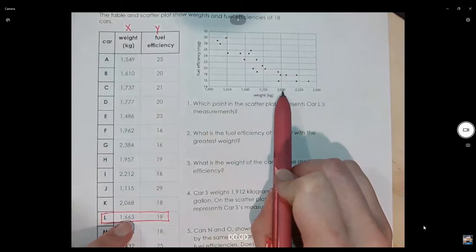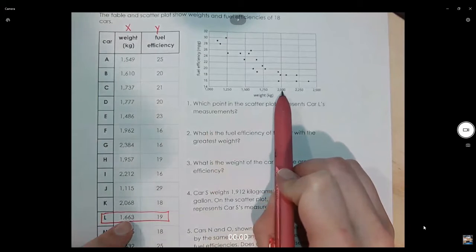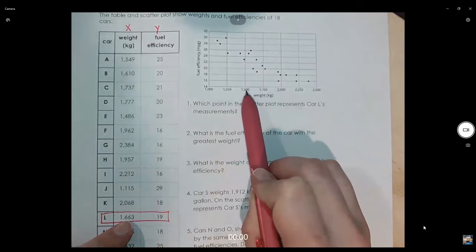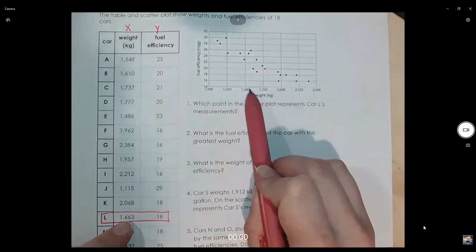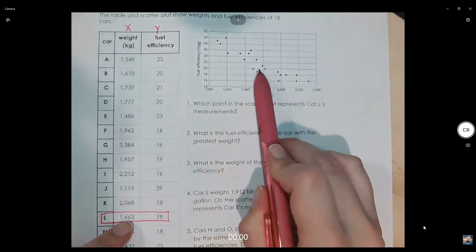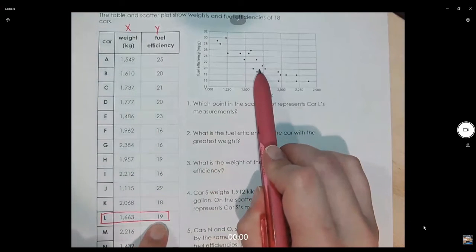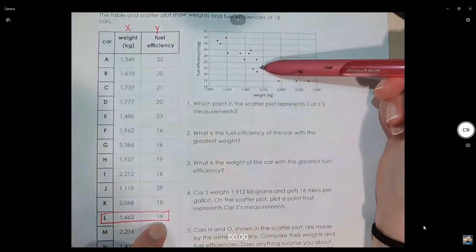1,663, well, that number is going to fall somewhere in here, between 1,500 and 1,750. So we know it's going to be one of these dots in here. And then we also want to see, in the y direction, 19.